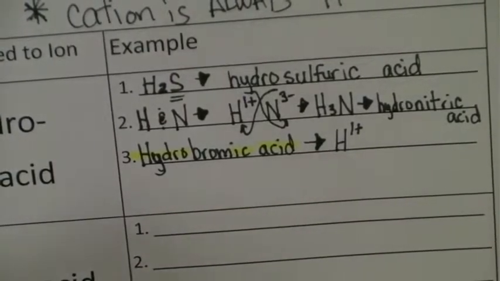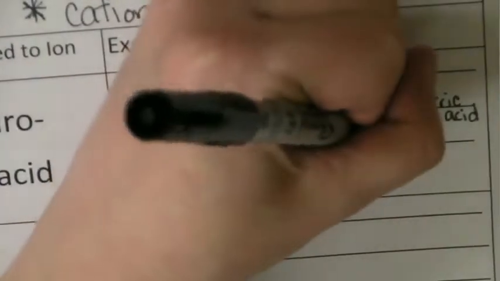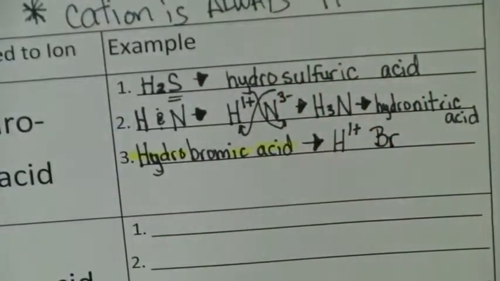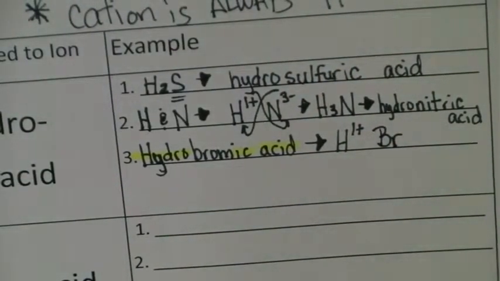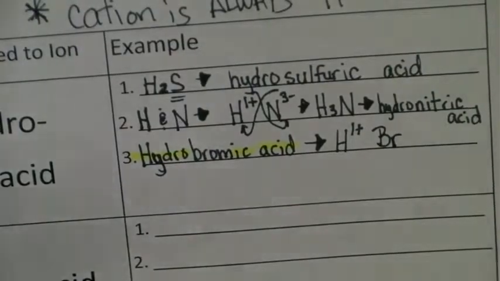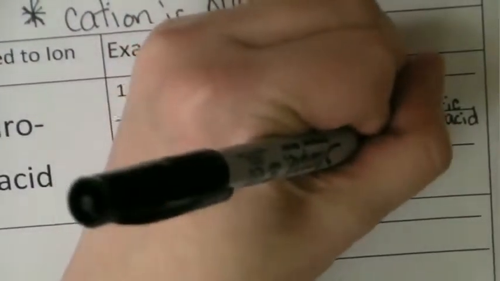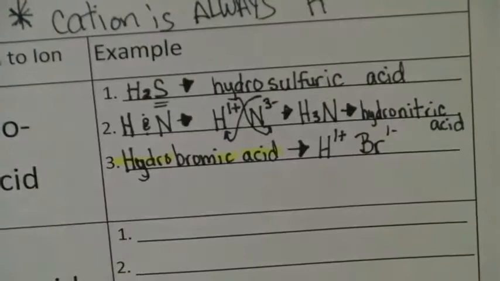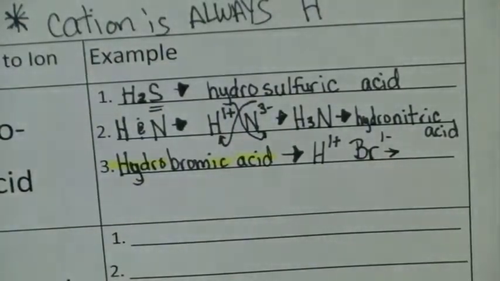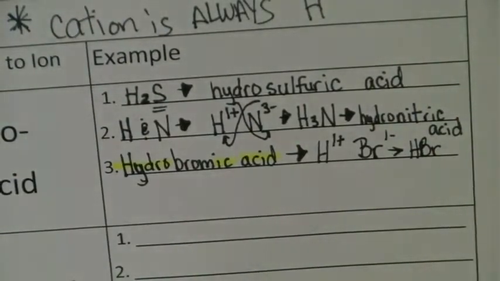And what is bromide? Hopefully, I can say good job, and you all said it's just bromine, with its charge. And what charge does bromine form? Good, a -1. So now you're just going to cross over like we've been doing, right? And they're both 1s, so it doesn't really matter. They're going to cancel out, and you would get HBr is hydrobromic acid.